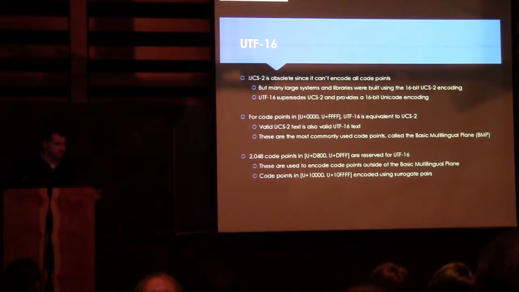Qt, development of Qt started in 1992. Windows NT development started in the late 80s, but the first release came out in 1993, and so it uses a 16-bit code unit, and then Java, which came out in 1995. So because of these and a large number of other libraries and systems, 16-bit encodings have sort of propagated to other places.